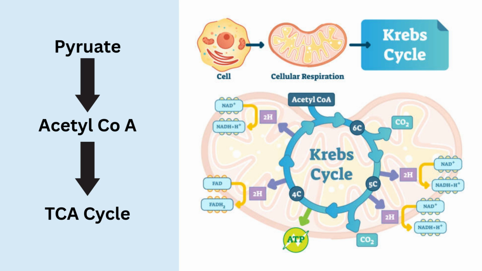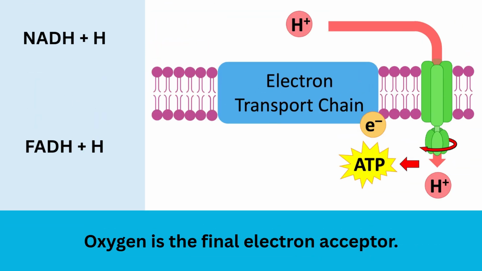The final stage is the electron transport chain, where NADH2 and FADH2 donate electrons to oxygen. So oxygen is the final acceptor of electrons in the electron transport chain, and this step produces the majority of ATP.